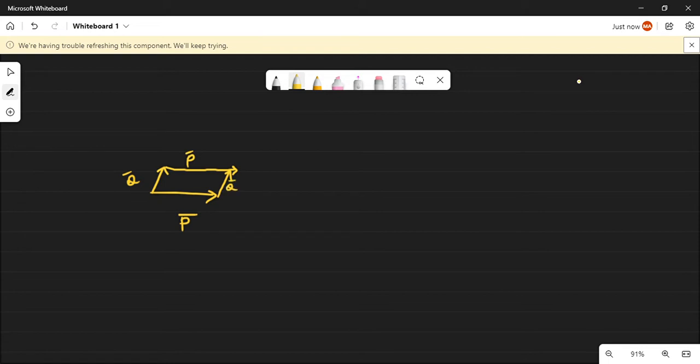The main thing in the parallelogram rule is that, from any point, we make the origin of the two vectors like this. The p vector originates from this point, and the q vector also originates from the same point.